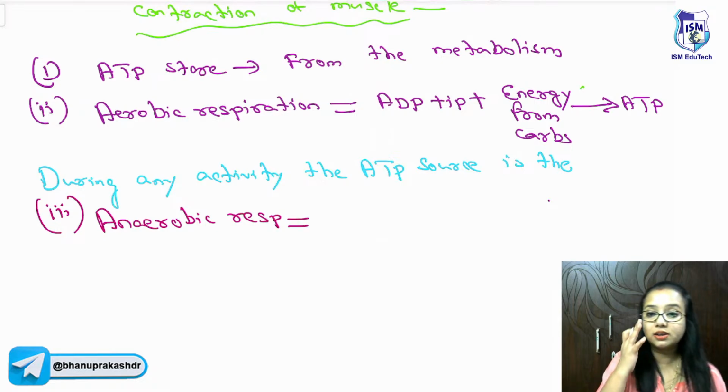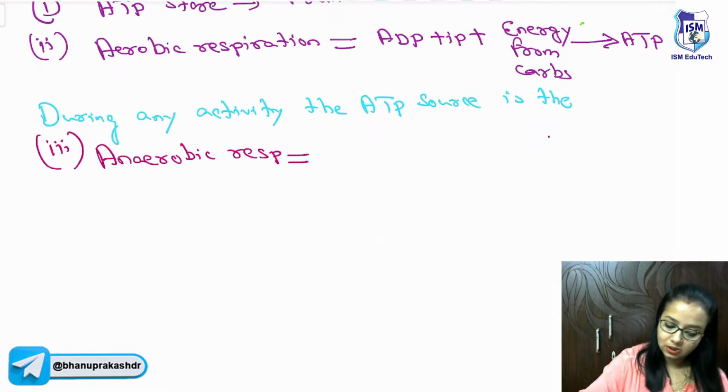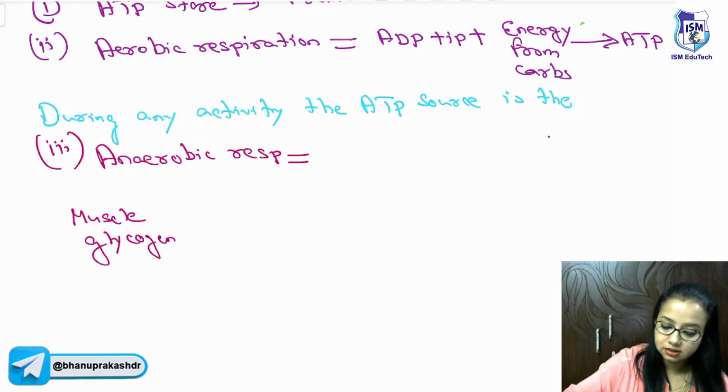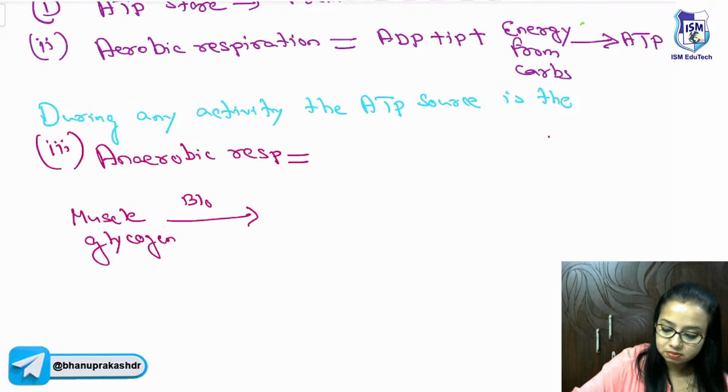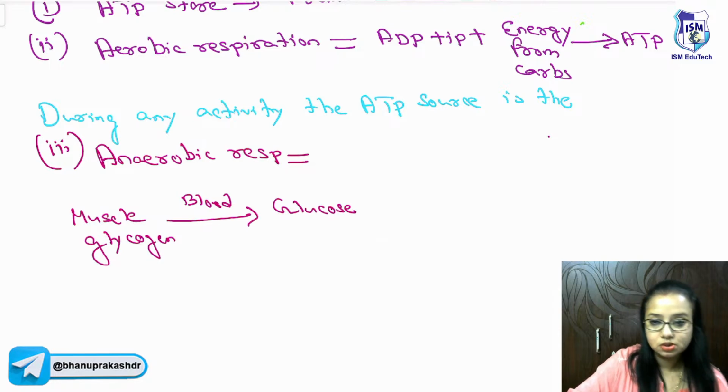Anaerobic respiration means the muscle glycogen, via the blood, breaks down into glucose, right?